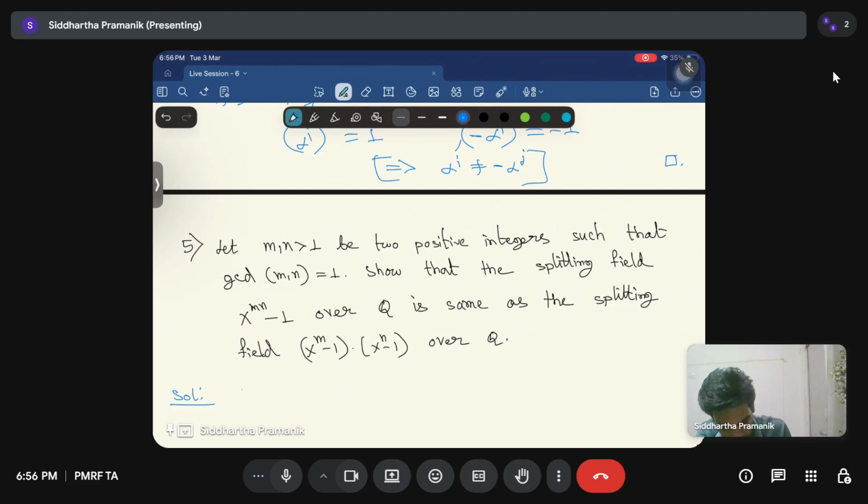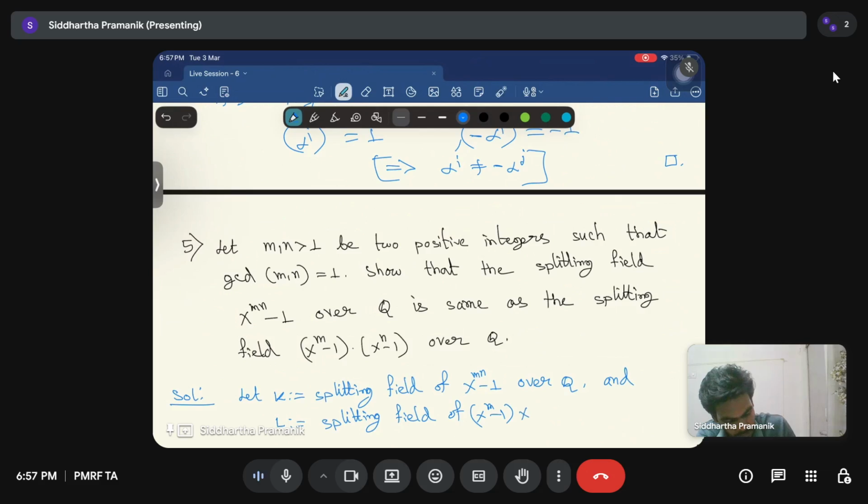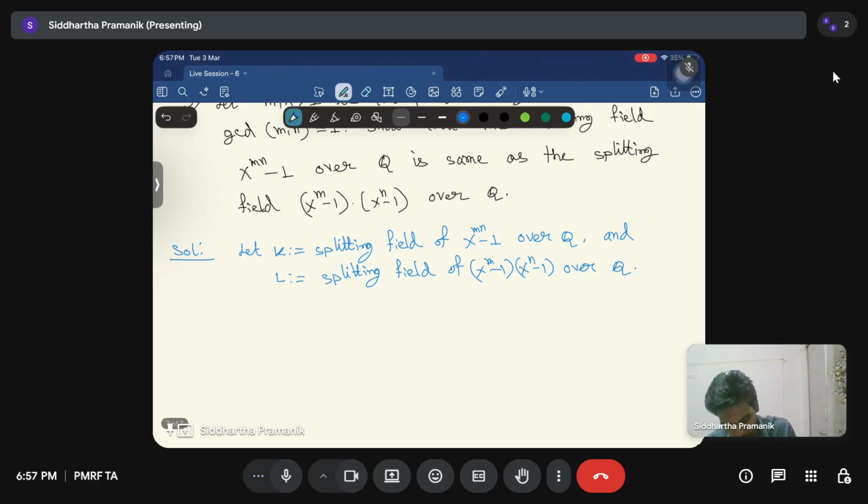Okay, so let K be the splitting field of x power mn minus 1 over Q, and let L be the splitting field of x power m minus 1 and x power n minus 1 over Q. Right, now we want to show that this field K is equal to the field L. So how to prove this?